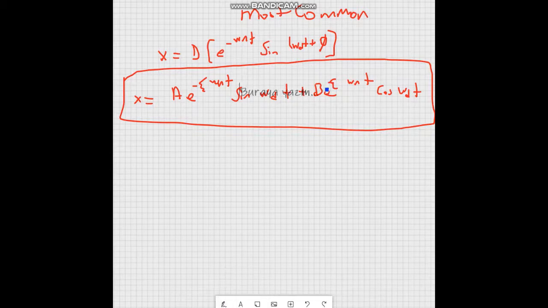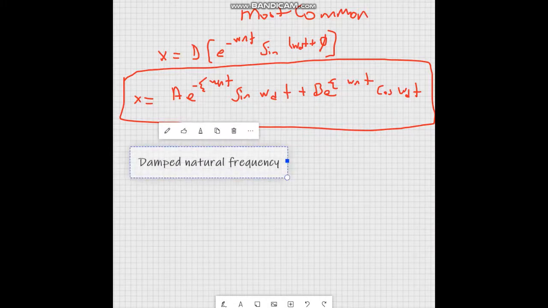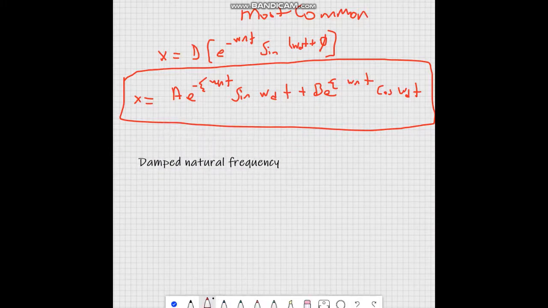Damped natural frequency, and I'm gonna write it as omega D. Omega D is equal to natural frequency multiplied by square root of 1 minus psi square. This is gonna give us damped natural frequency.